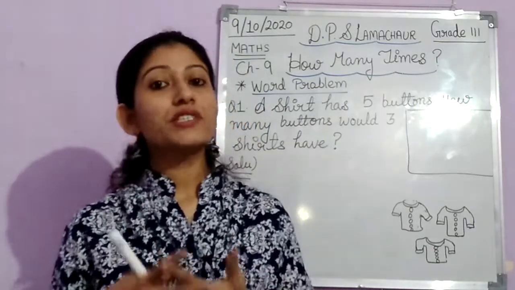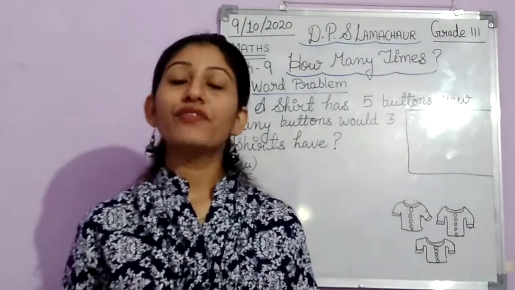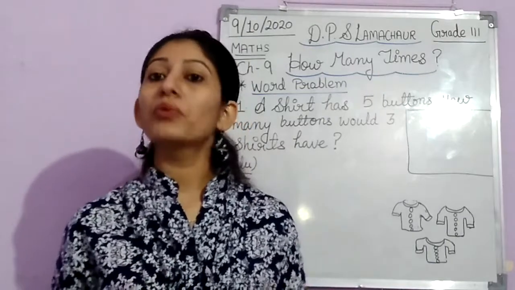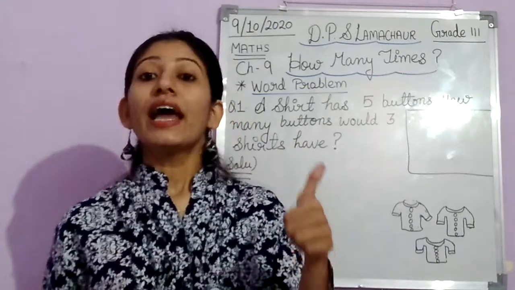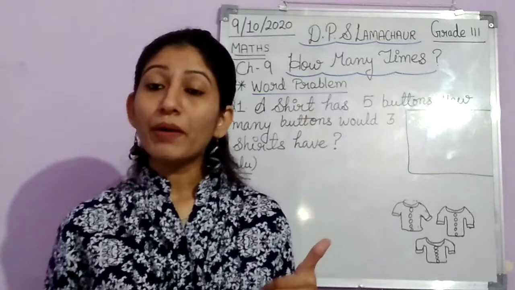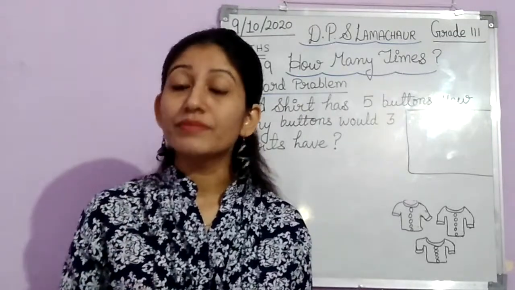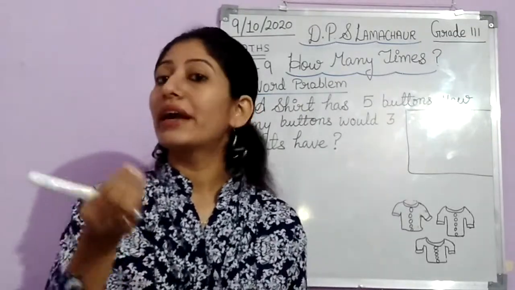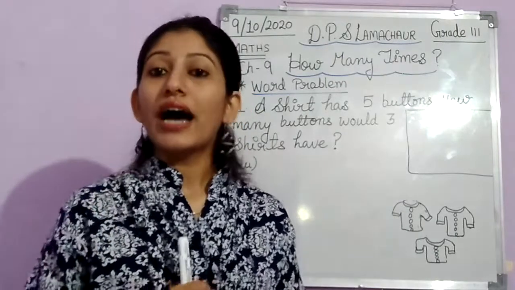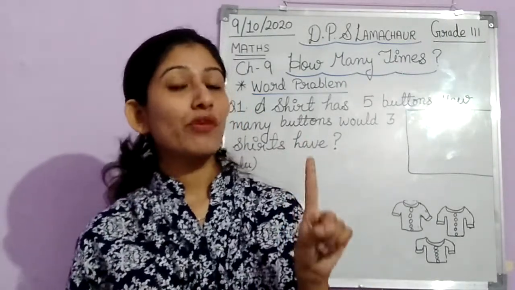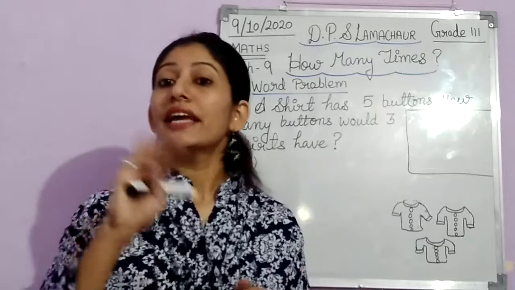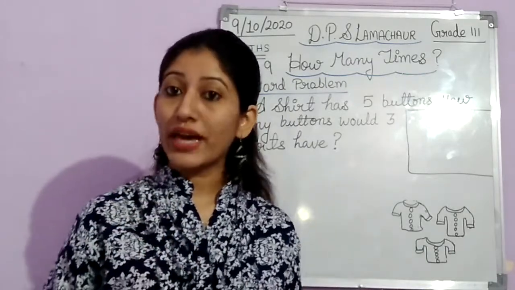I have told you this previously also that when information about one item is given and they are asking about more than one item, then we have to do multiplication there. तो यहाँ से हमें एक चीज तो इस वर्ड प्रॉब्लम से क्लियर हो जाती है that we have to do multiplication. वो कैसे?